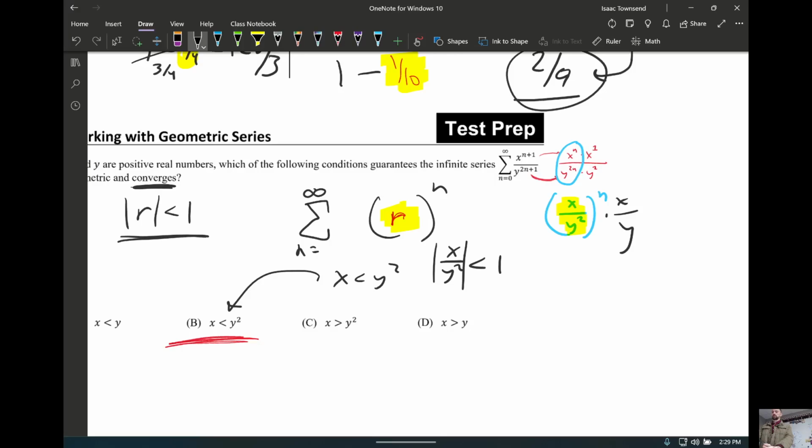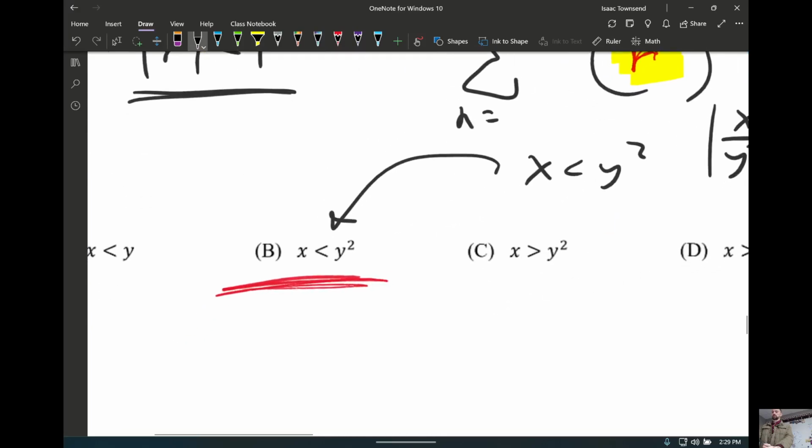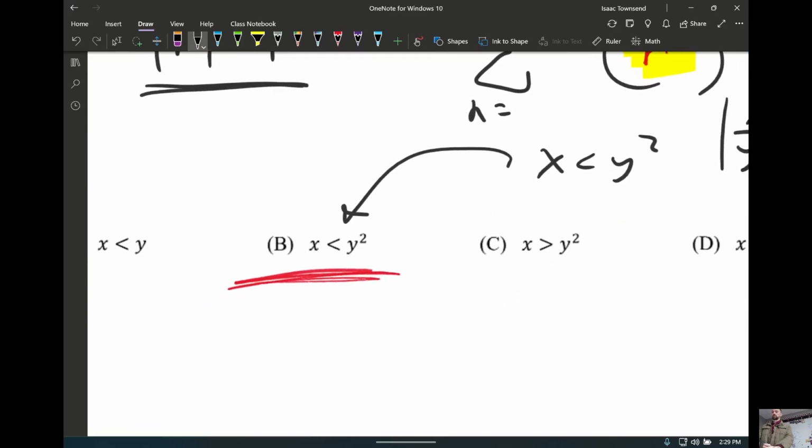Is that enough? Yeah. B and C are the inequality signs pointing differently. Our answer should be x is less than x squared. This is saying x is greater than x squared. They're not the same because the inequality is pointing in the other direction. So.